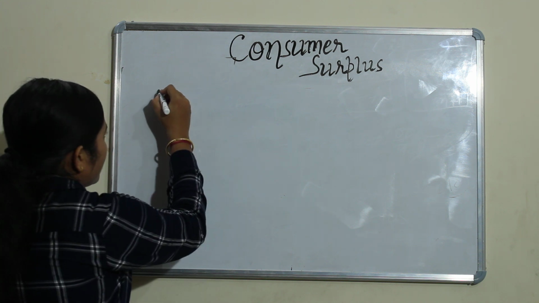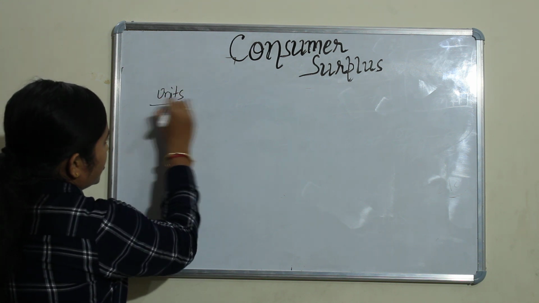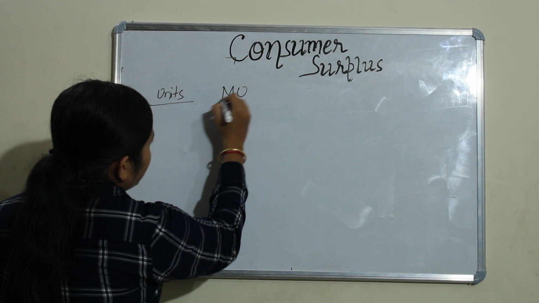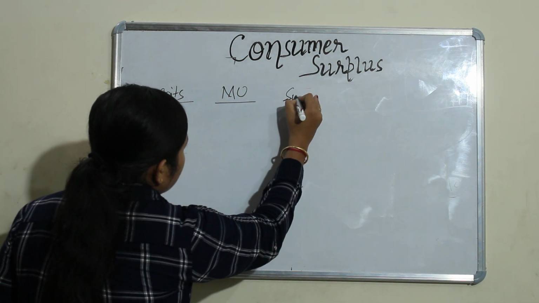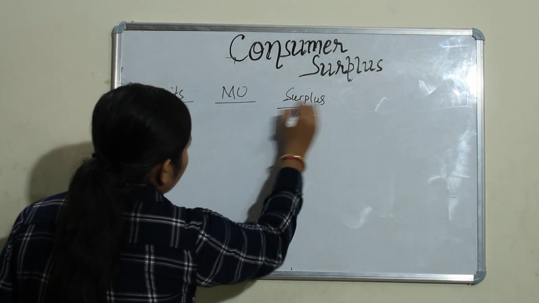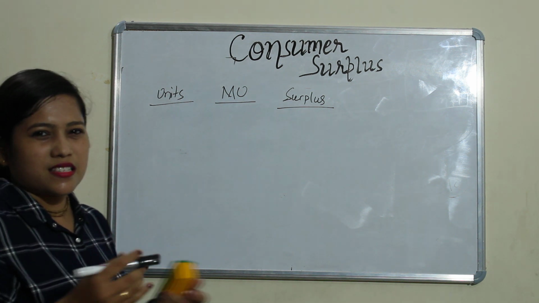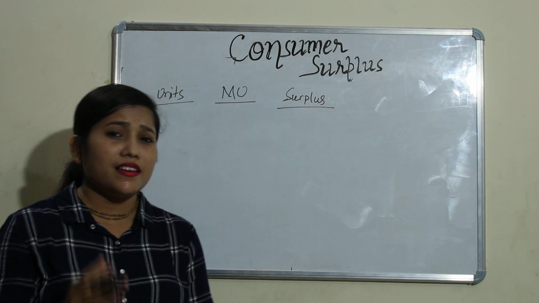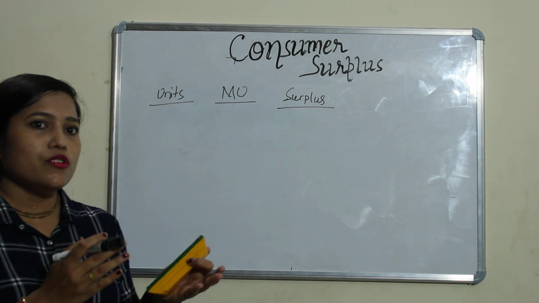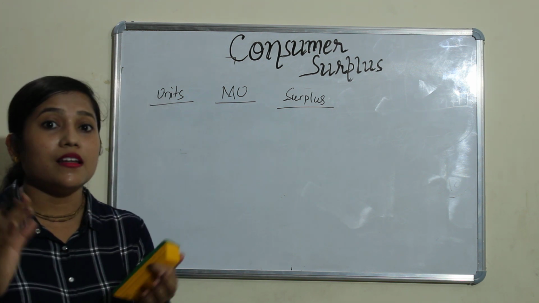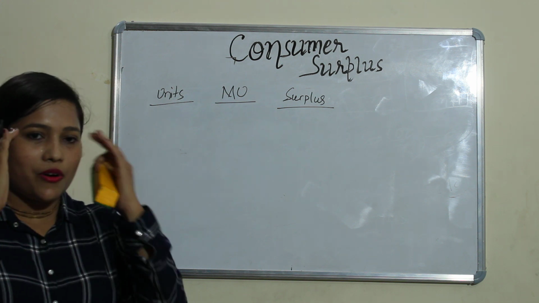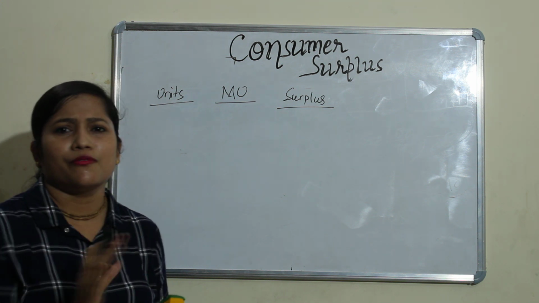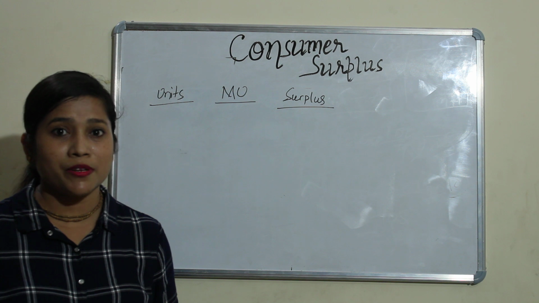Suppose the units, marginal utility, and this is surplus. Okay. Suppose this is a summer day, and in summer day you are moving on a road, and you are very thirsty, and suddenly you move to some place where you have seen a lemon water, and in your mind you have thought, okay, I can pay 40 rupees for this glass of lemon water.